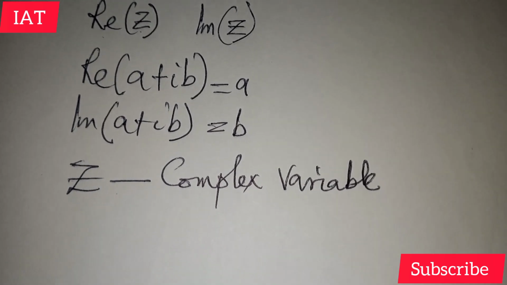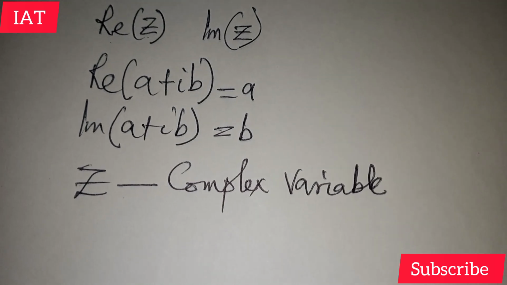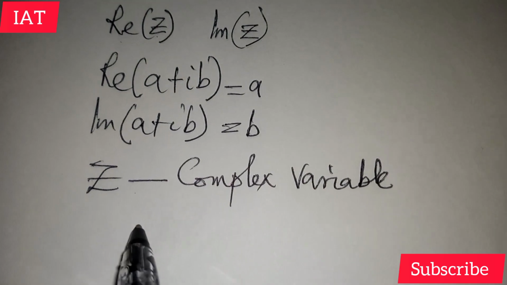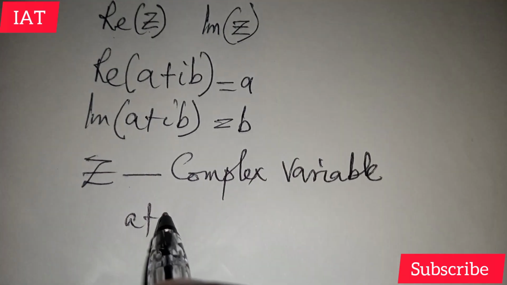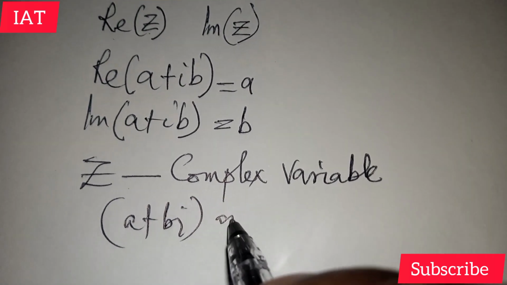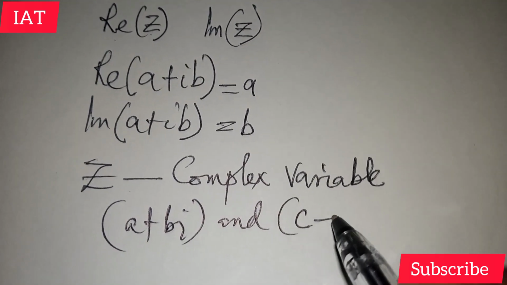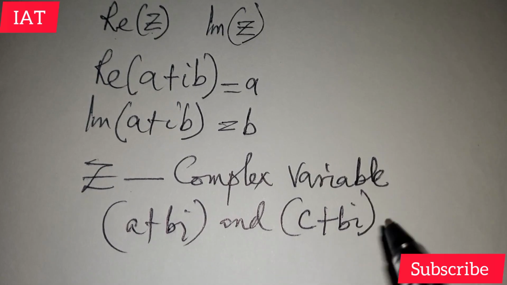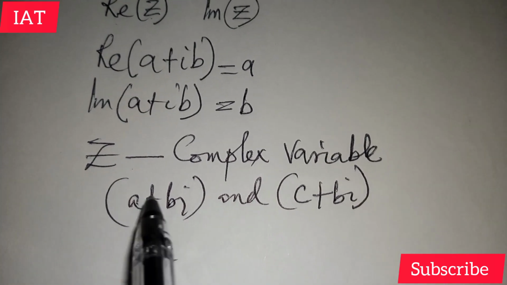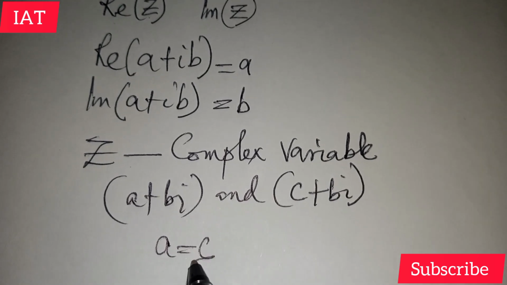Two complex numbers are equal if and only if both real and imaginary parts are equal. For example, if I have a plus bi and c plus di, these two are equal if and only if a is equal to c.